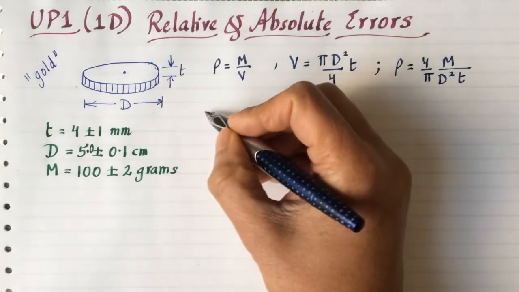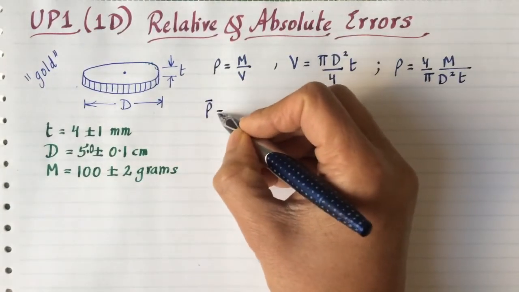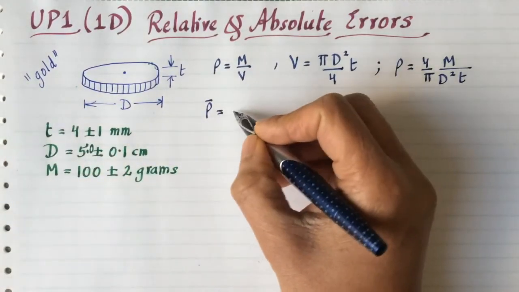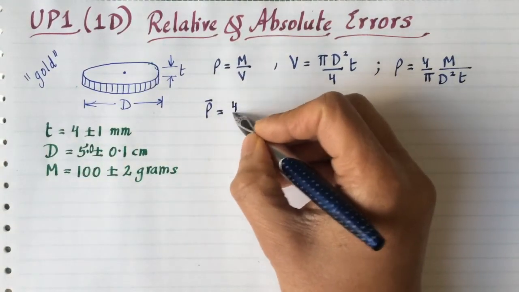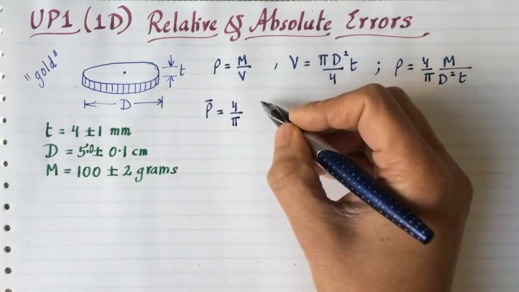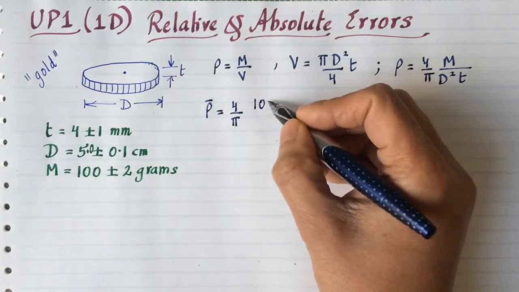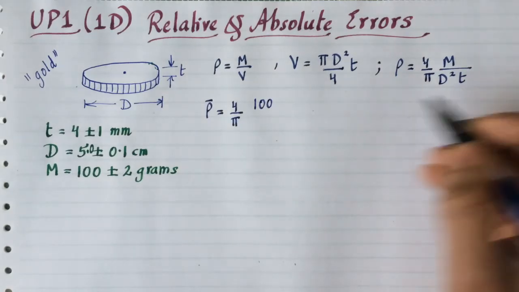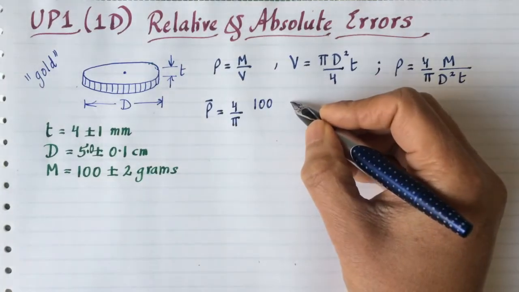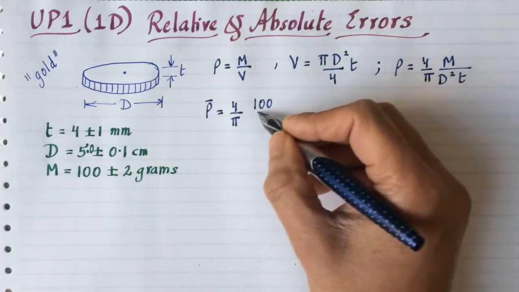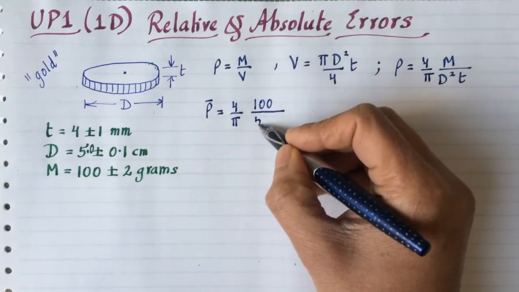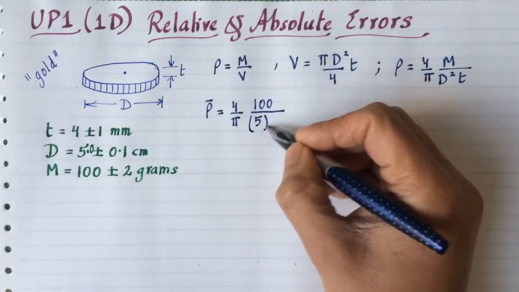The average value of the density can be computed by simply ignoring the uncertainties for each of these measurements. So let's figure that out first. It's 4 over pi, that's going to be 100. The units are going to be grams per centimeter cubed, so I'll write that at the end. That's 5 squared.